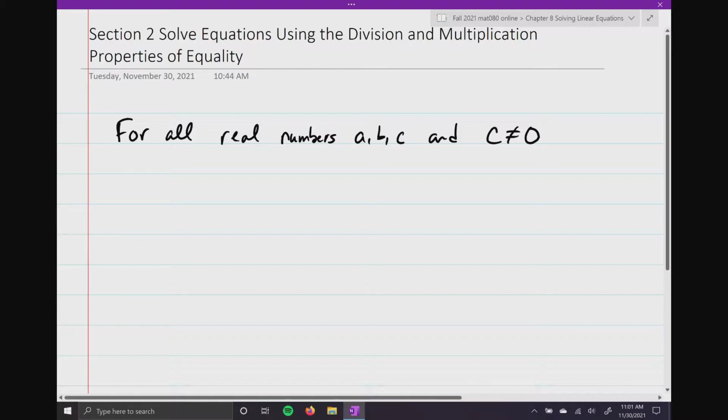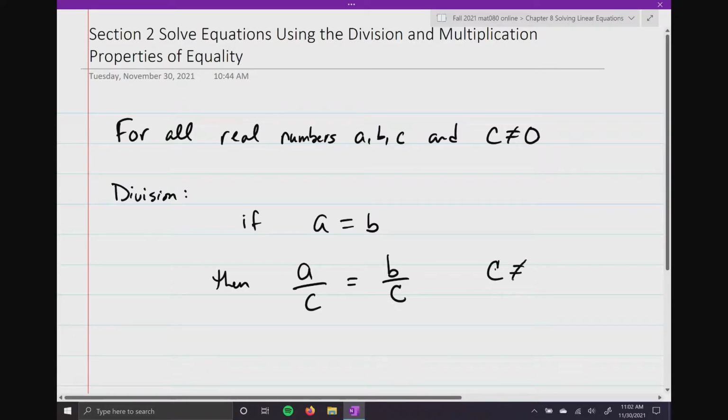And here's our division property. If you have A equals B, then you are allowed to divide both sides of the equation by whatever you want, as long as C does not equal 0. So that's our division property of equality.